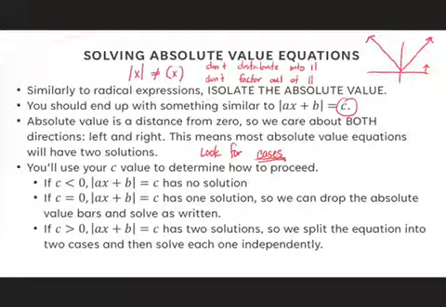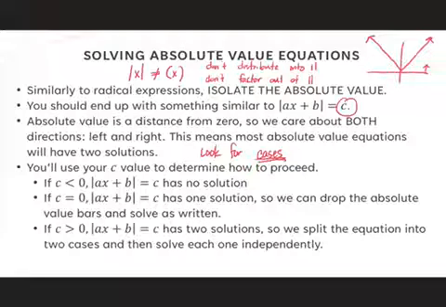So whatever is over there, if it's a negative number or something that we know is going to be negative every time, then that absolute value doesn't exist. I can't do that, right? The whole point of an absolute value is to make things positive. So if I take the absolute value of something, I can't get a negative number.